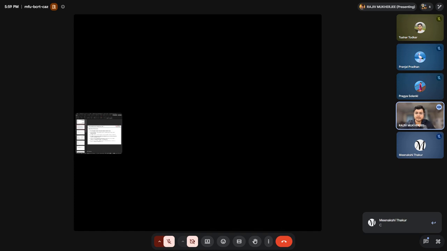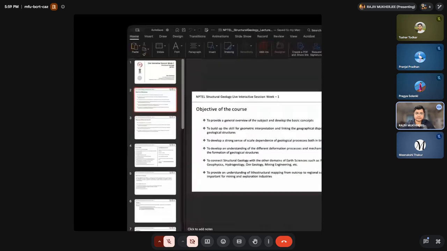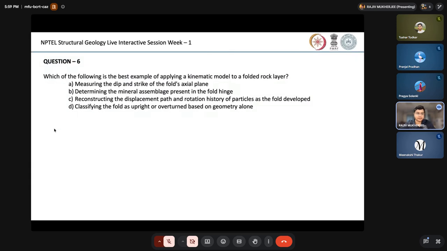Meenakshi is saying that option C is correct. Of course, option C is definitely correct, but then which one of the other options will be correct?